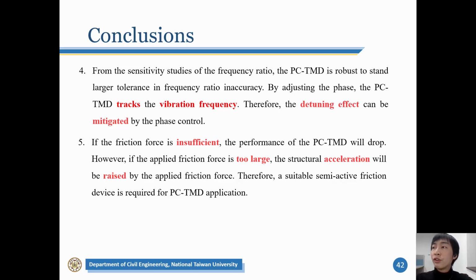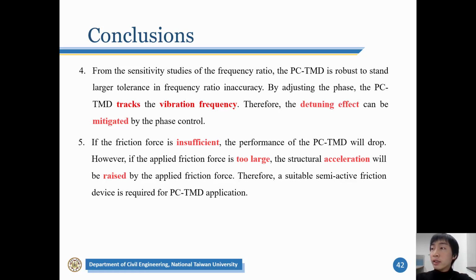And four, from the sensitivity study of the frequency ratio, the phase control tuned mass damper is robust enough to stand a larger tolerance in frequency ratio inaccuracy. By adjusting the phase, the phase control tuned mass damper tracks the vibration frequency. Therefore, the detuning effect can be mitigated by the phase control.